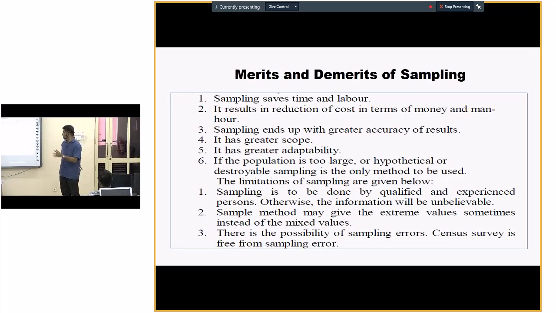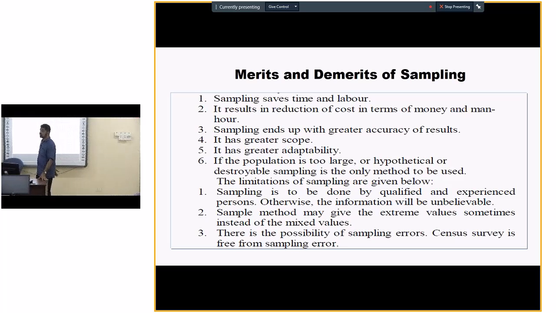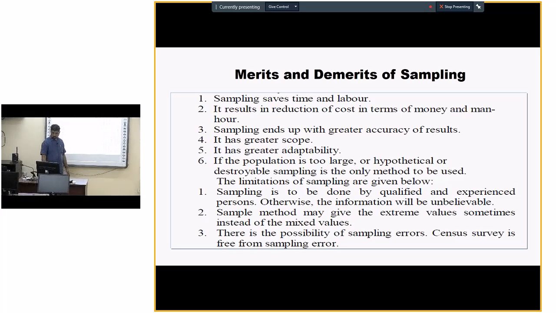When we are selecting the sample, we need to pay attention to minimize that sampling error. That's why I told you it is better to use a representative sample, right? It is easy to say you must select a representative sample, but there may still be sampling error. We cannot ignore that sampling error, but we can minimize it, right?